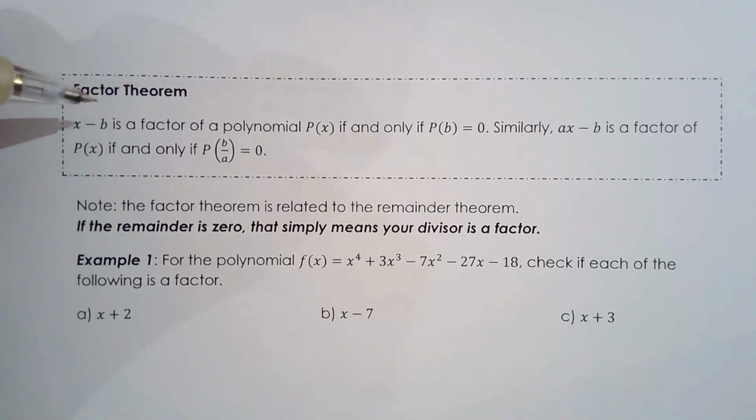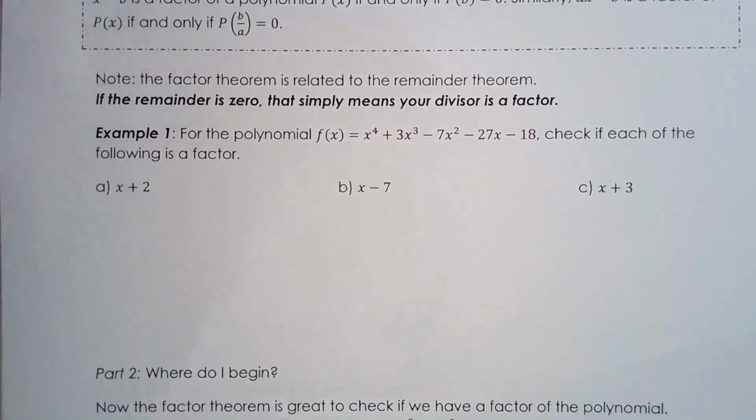I really don't want you to see it as something entirely new. It's an extension of the remainder theorem. It's basically saying if the remainder is 0, your divisor is a factor, which is nothing new. I mean, you learned that in elementary school. Now it's just with polynomials instead of real numbers. So don't think of it as something brand new.